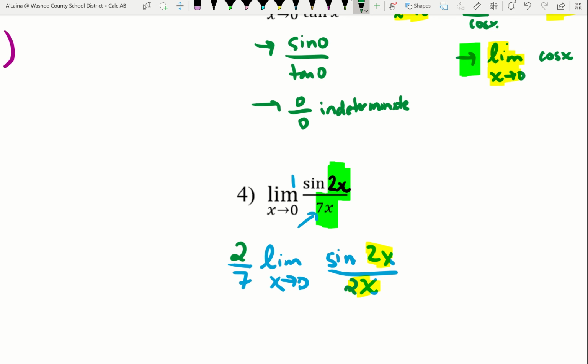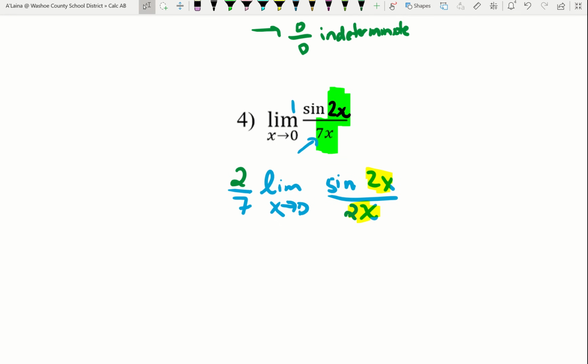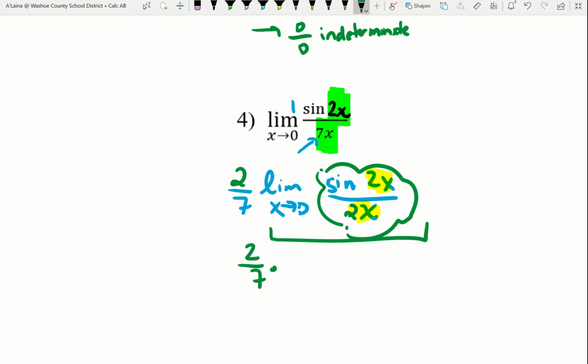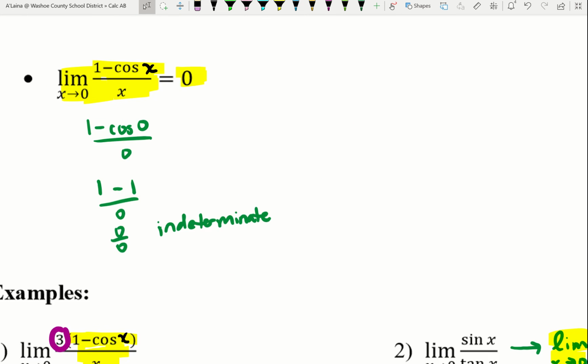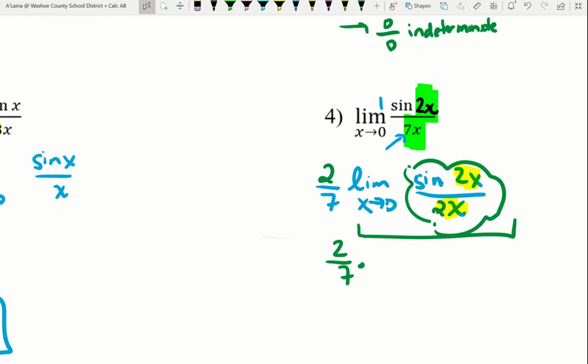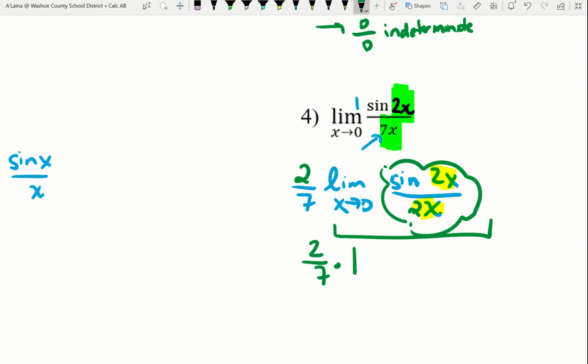Because that 2 on the numerator and this 2 on the denominator are being multiplied, they would reduce out to 1, and I haven't really changed the value of the problem, just the form in which it's written. And now I have an expression that matches the special trig limit. So now I can do 2/7 times this special trig limit, which you might remember approaches a height of 1. And so this would be 2/7 times 1, which is 2/7.